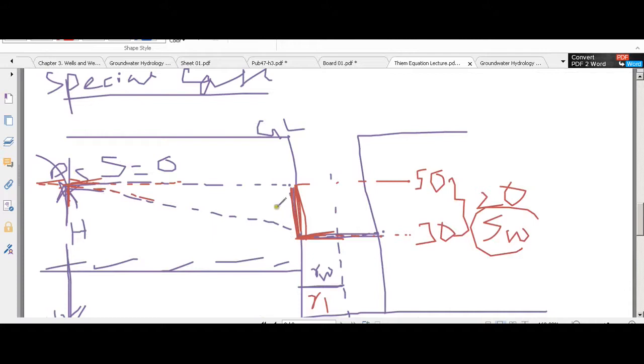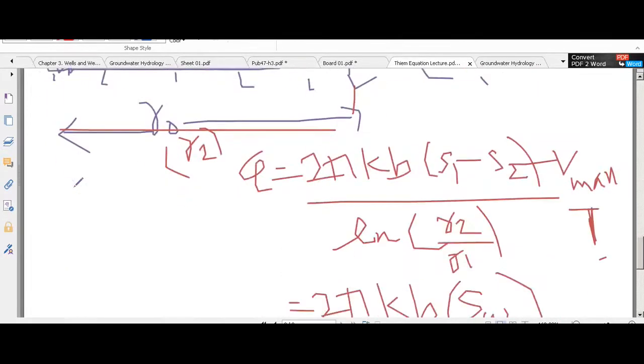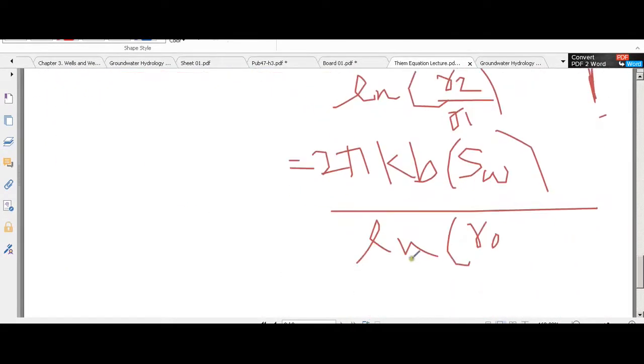So no difference. Here there is a difference. That means here there is a drawdown, here there is a drawdown, and here there is a drawdown. So when the radius is increasing, at there is no drawdown. So that's the scenario. So it is R naught divided by R well.